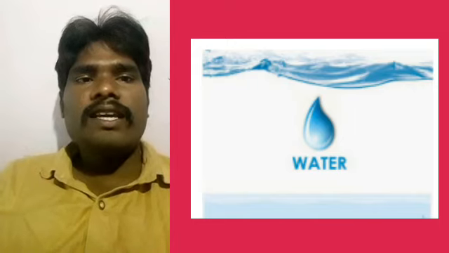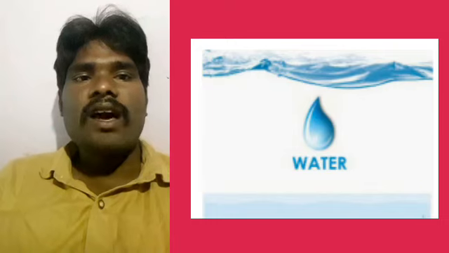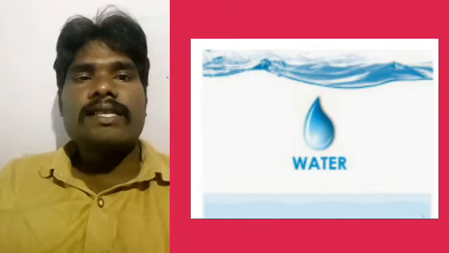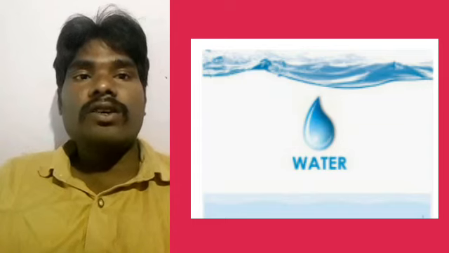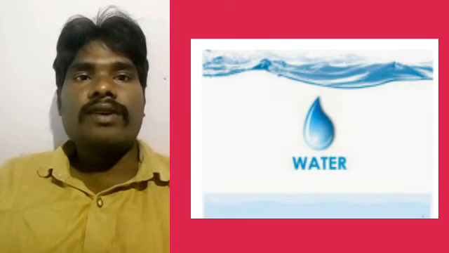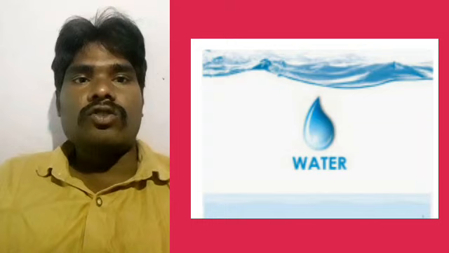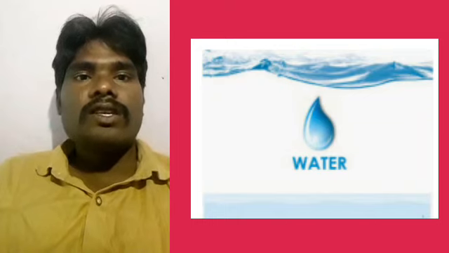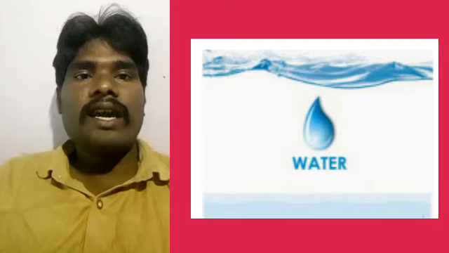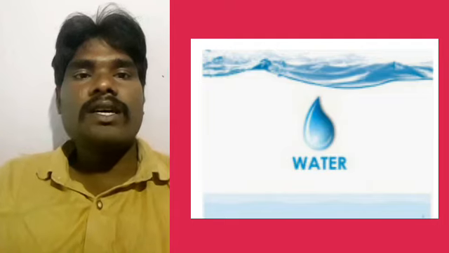Fresh water is only available 2.7%, which occurs as ice sheets and glaciers. Only 1% fresh water is fit for human use, found as groundwater, as surface water in the rivers and lakes, and water vapor in the atmosphere.